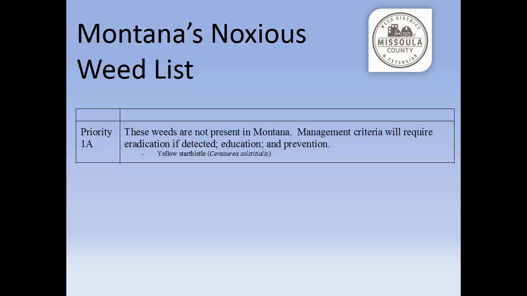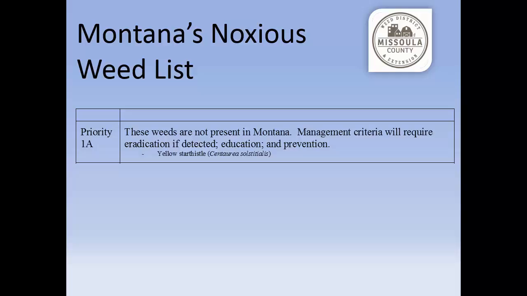So what are the closest infestations? The closest one that I know of is up Highway 12 after the fires in Lolo. A yellow star thistle plant was found off of the highway. One plant. What are the largest infestations? Well, like in Idaho. Oh, Idaho, yes. You'll notice that a lot of our noxious weeds, the ones that we have low densities of, are bad noxious weeds in surrounding states.